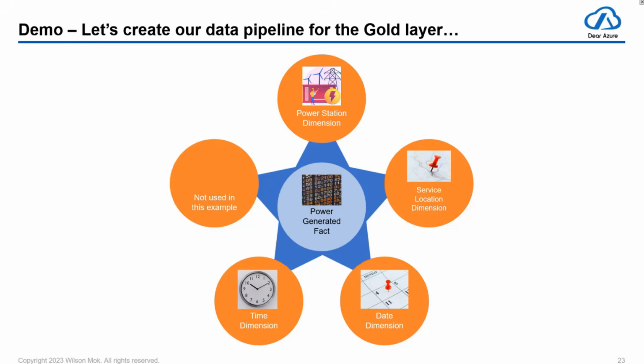the service area. We need to know when this power was generated, and we separate the date dimension from the time dimension. Those are 2 separate components, and that will allow us to do some more enhanced analysis in the future, right?